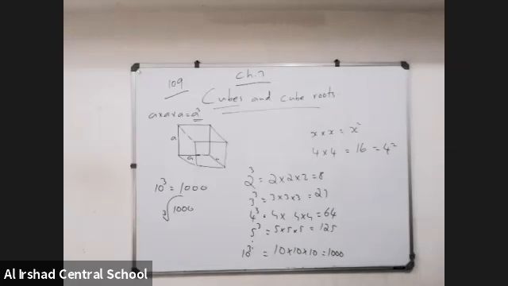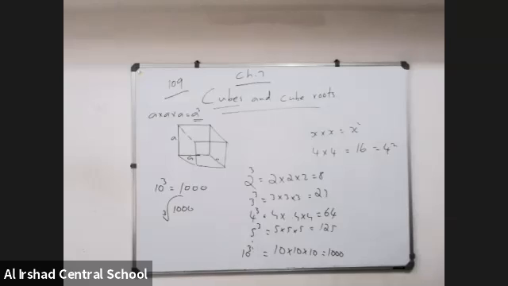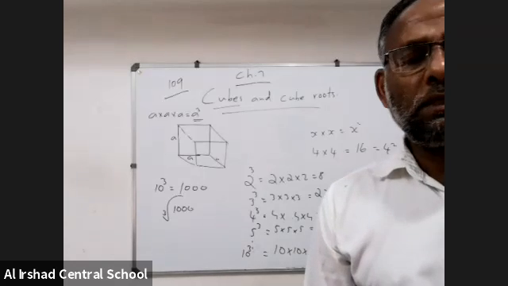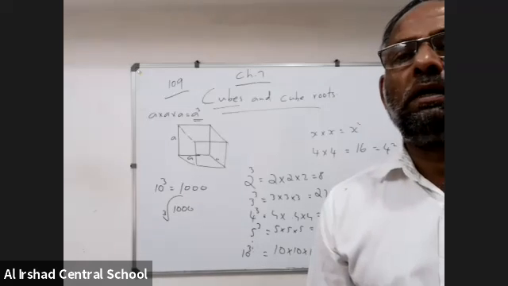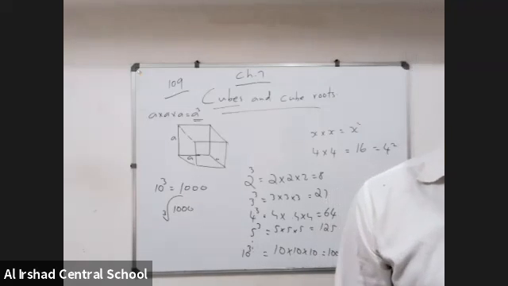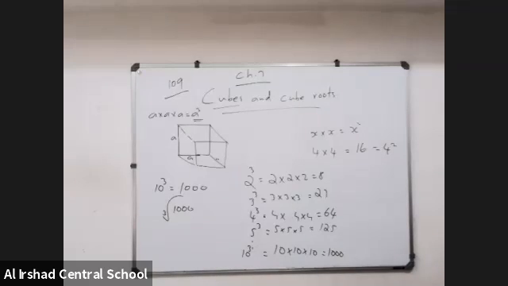All cubes are there, 5 cube, 11 cube, 12 cube. 729 and 1000 are also perfect cubes, like perfect squares.